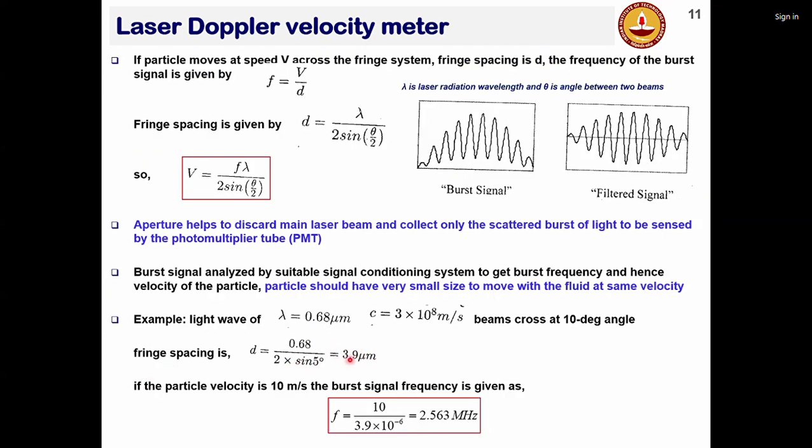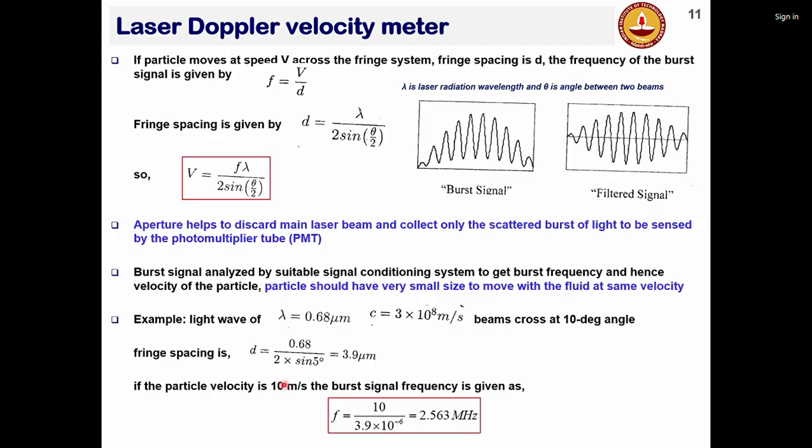And if that is 3.9 micron, and the velocity of the particle is 10 meter per second, then the frequency of the burst signal is going to be typically 2.5 megahertz. So it just gives an order of estimate of what kind of frequency you expect.